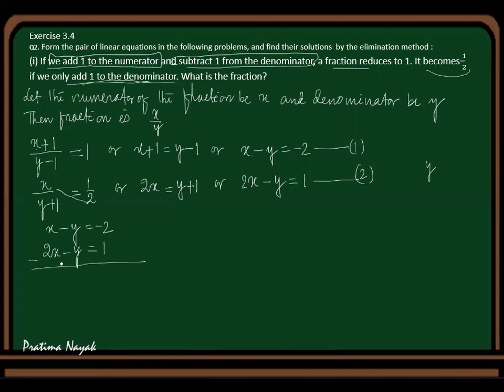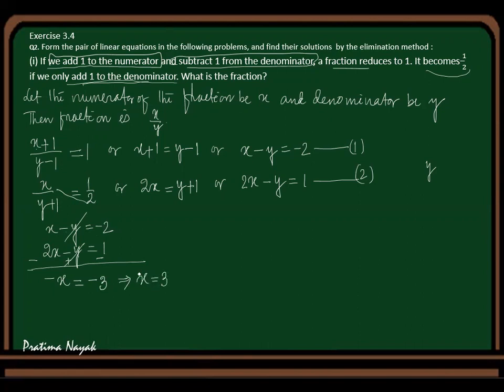When you subtract, change the sign of the equation which is to be subtracted. So 2x will be negative, y will be positive, 1 will be negative. Now minus y plus y, this is the elimination. There will be no y. And x minus 2x will be minus x. And here minus 2 minus 1 will be minus 3. This gives you x is equal to 3.